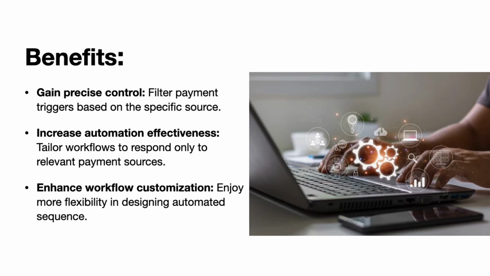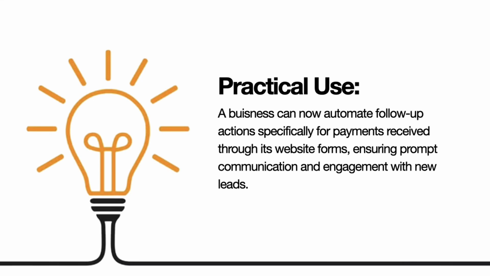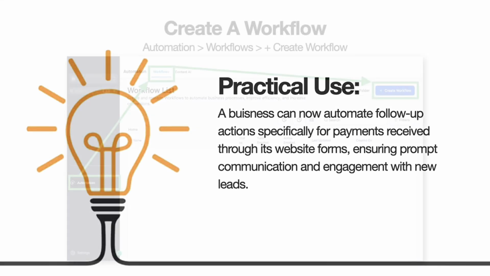This is going to enhance workflow customization, and you're going to be able to enjoy more flexibility in designing automated sequenced workflows. A business now can automate follow-up actions specifically for payments received through its website forms, ensuring prompt communication and engagement with new leads.